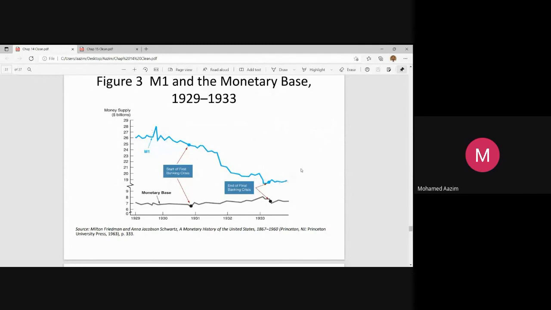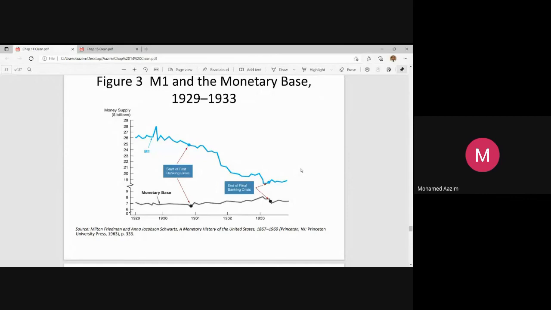So interestingly, if somebody asks you a question by showing a graph like this, for a given steady monetary base, what happens to the money supply in this instance? You should be able to explain now.